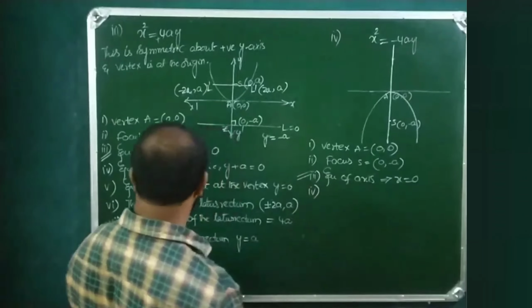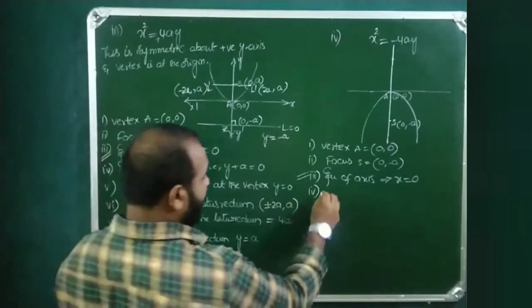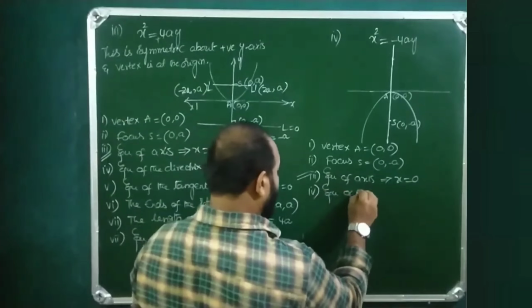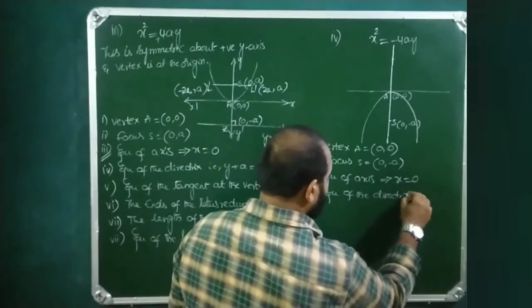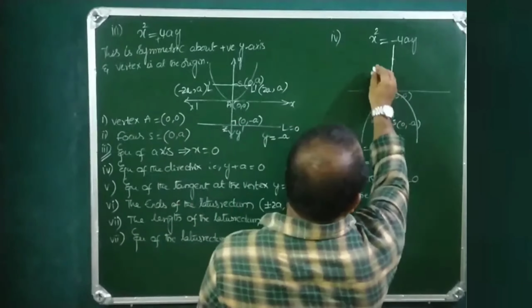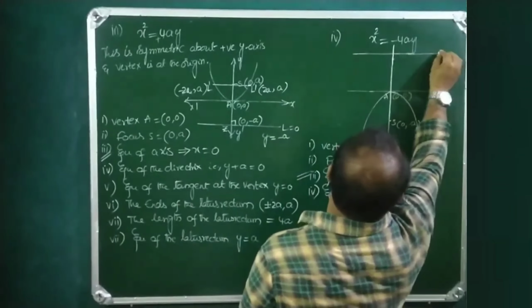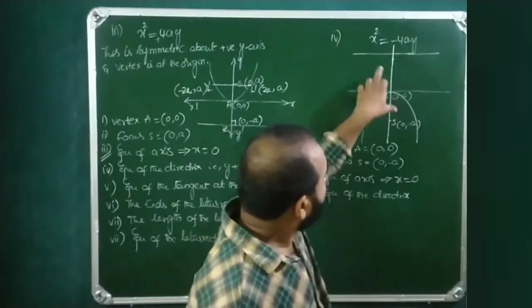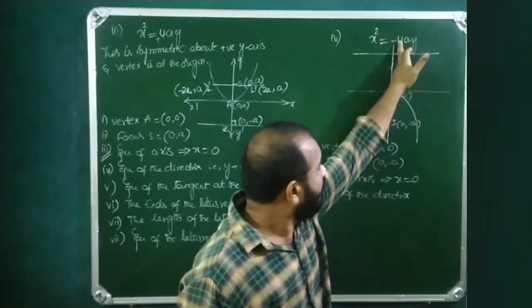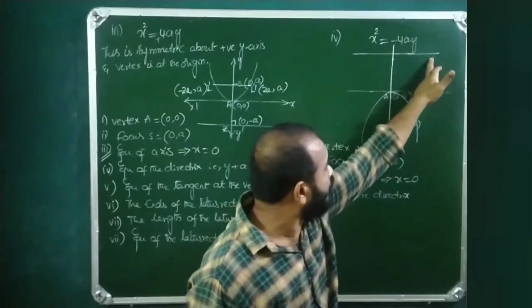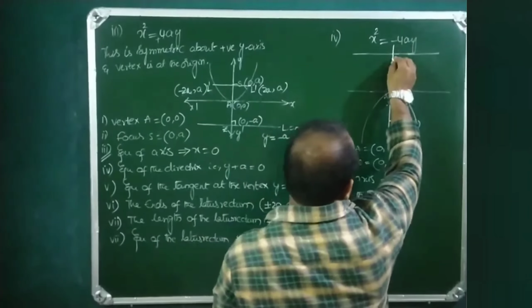And the fourth one is the equation of the directrix. So this is the line. What is this line? This line is perpendicular to the principal axis.